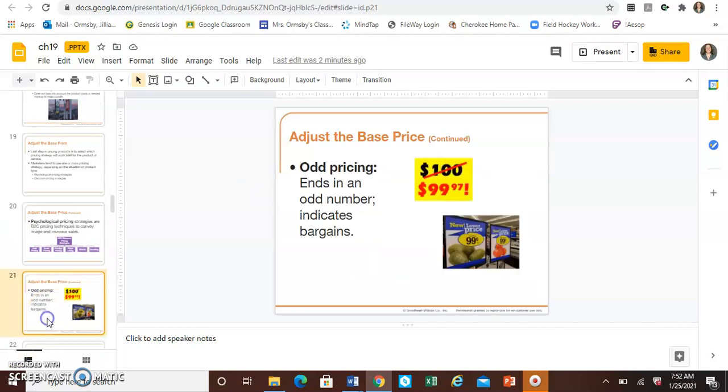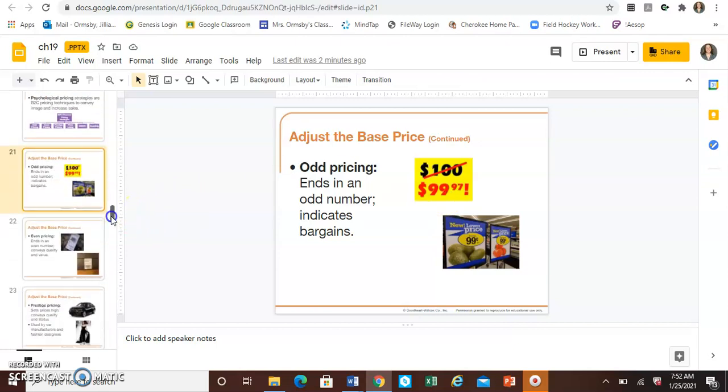So when I say convey image, think about if something ends in 99 cents, that's going to indicate that you're getting a bargain. So rather than pricing something at $1, if an item is priced with an odd number at the end, it's going to make people think that they are getting it at a much lesser price than what it actually is.